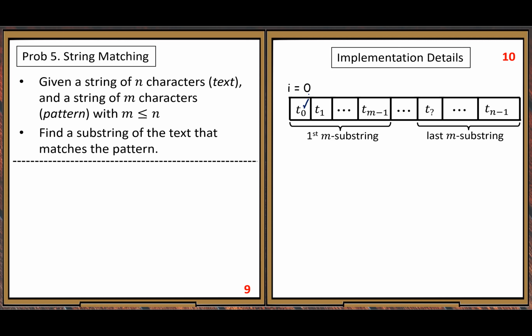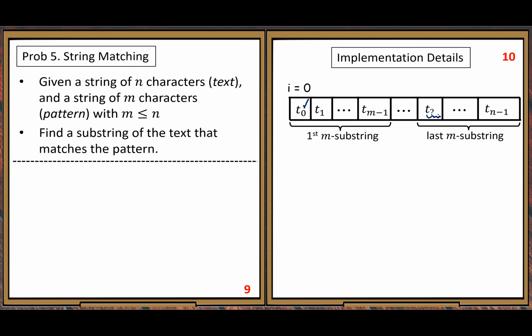Then when we reach the end, the last M substring in the given text, we need to figure out the location of the last M substring. That is the question mark. At this point, we may not be able to guess correctly.